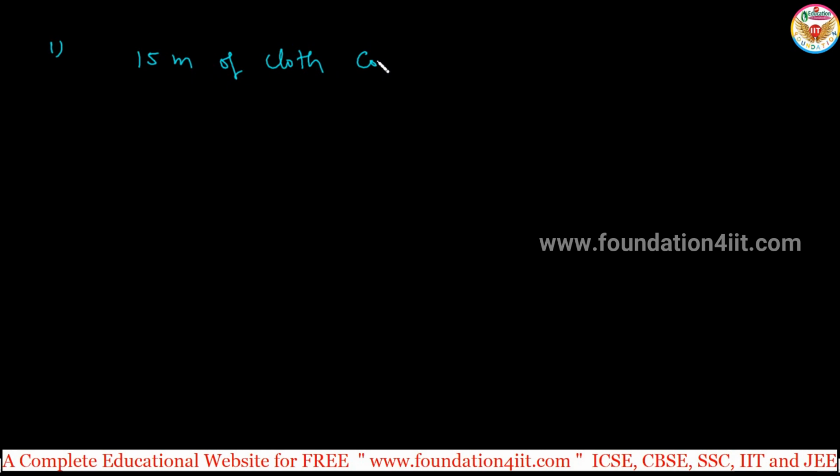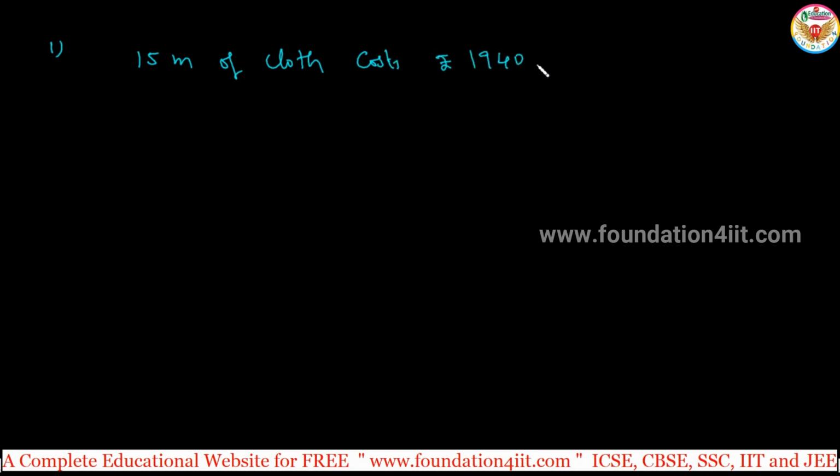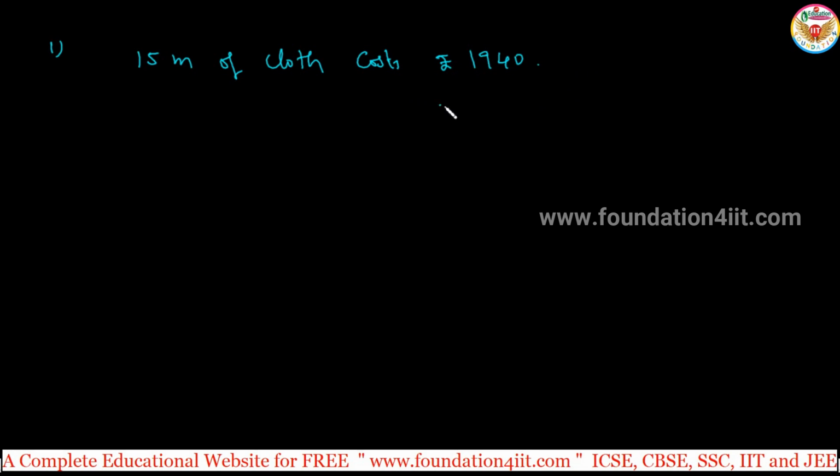Let us see the example questions based on this. Take one example. 15 meters of cloth cost rupees 1940. The question is, find how many meters of cloth of the same kind can be bought for rupees 4,656.